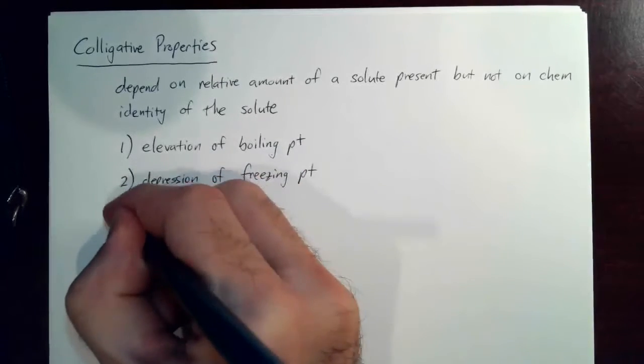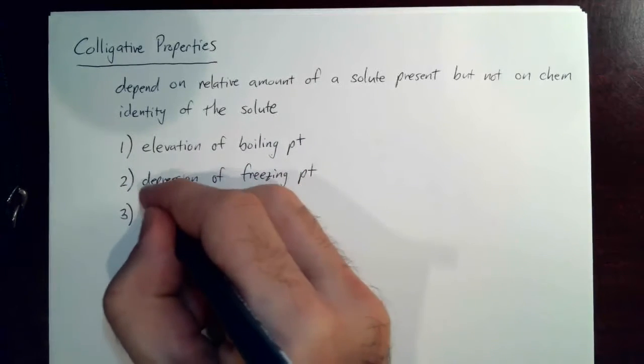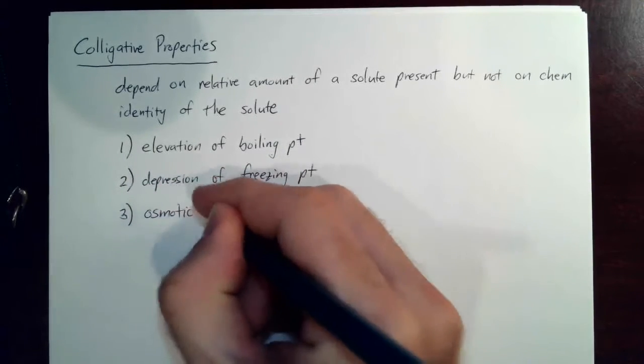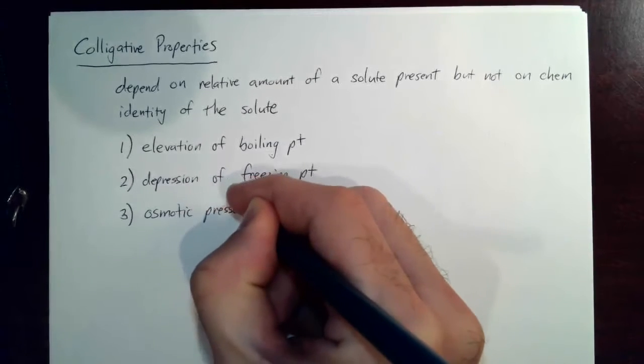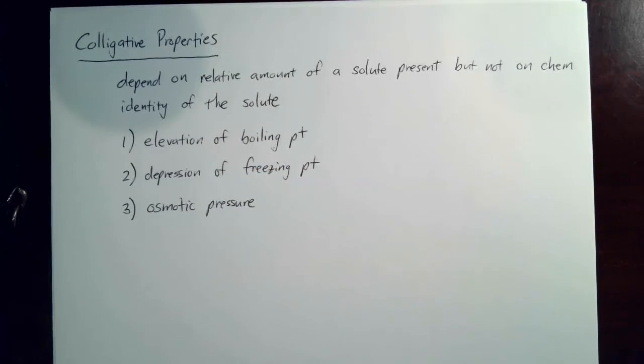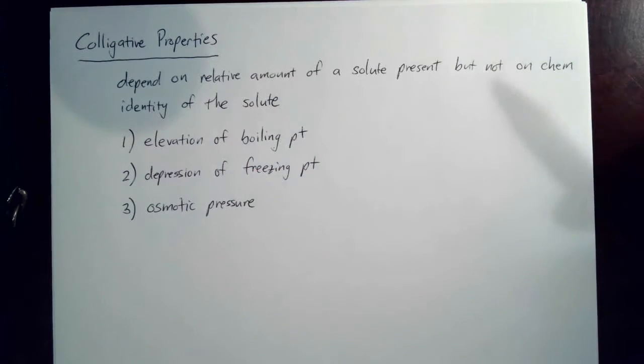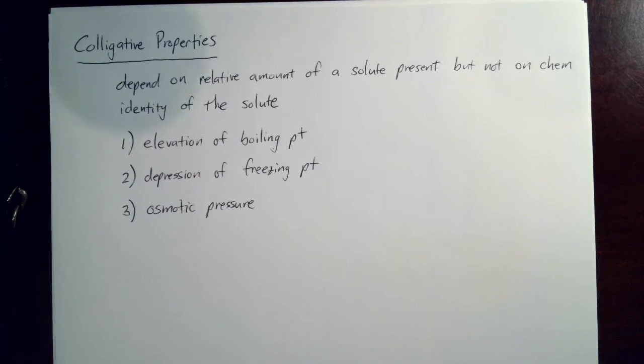And the third we'll look at is osmotic pressure. And all of these stem from the reduction of the chemical potential of a liquid solvent as a result of the presence of a solute.